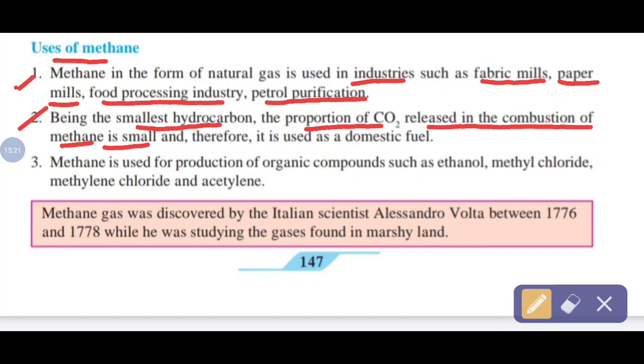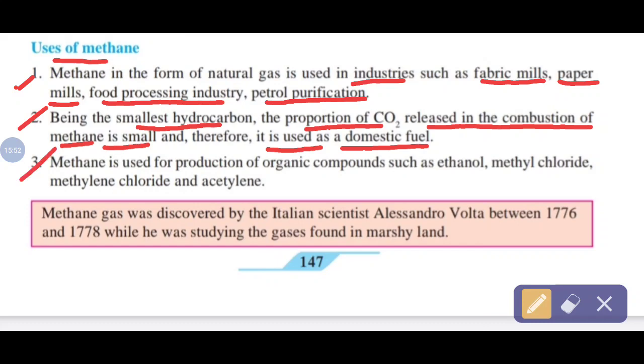Very little carbon dioxide gas is produced, and therefore it is used as a domestic fuel.